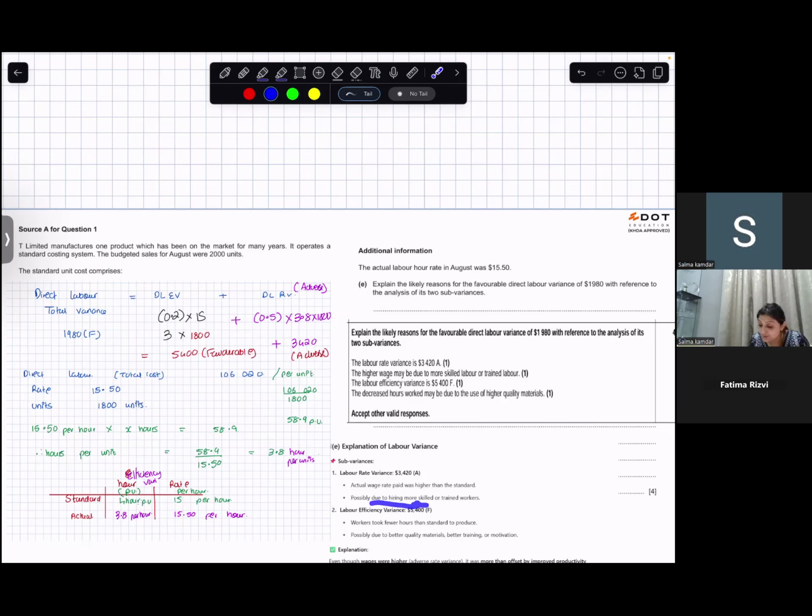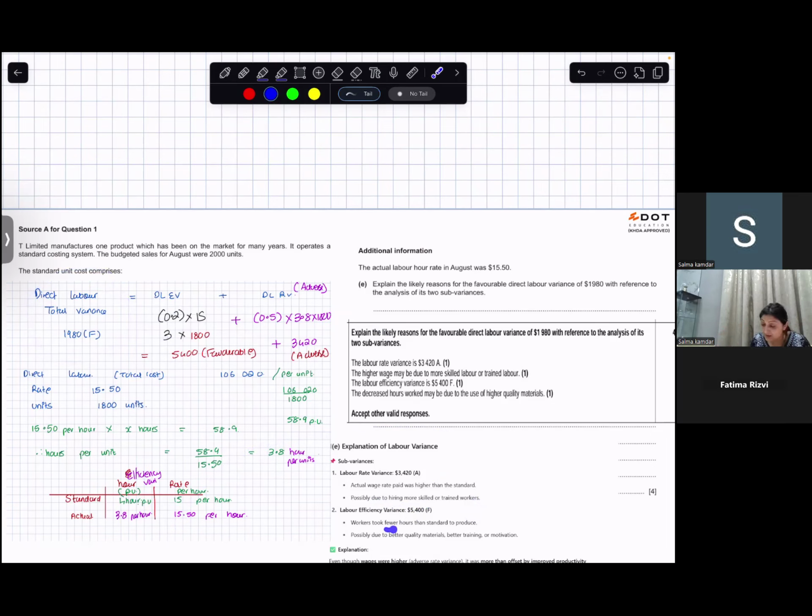Possibly this is due to more skilled or trained workers that we have employed. This is directly showing us that even though we are paying them a higher rate, the efficiency has increased, giving us a favorable efficiency variance, leading to a total labor variance that is favorable.